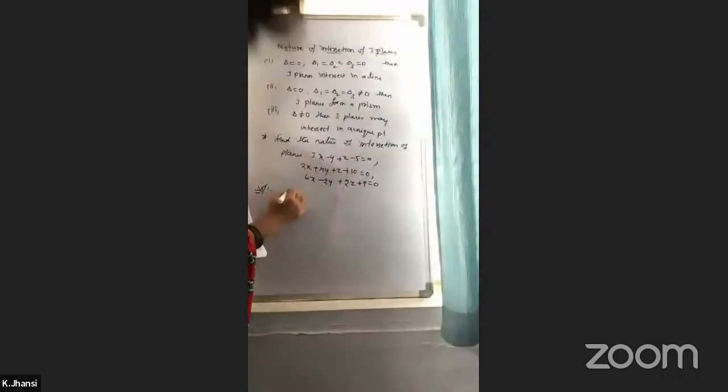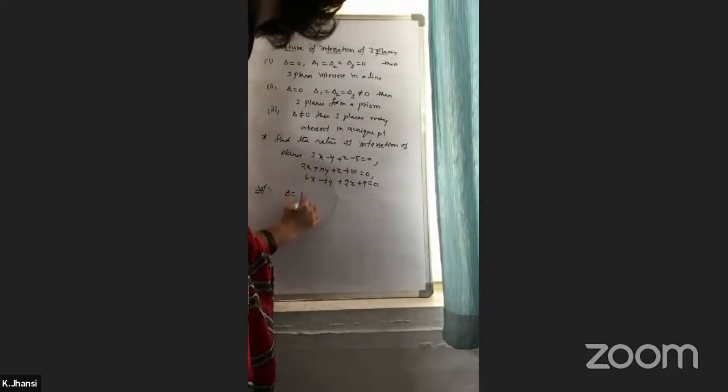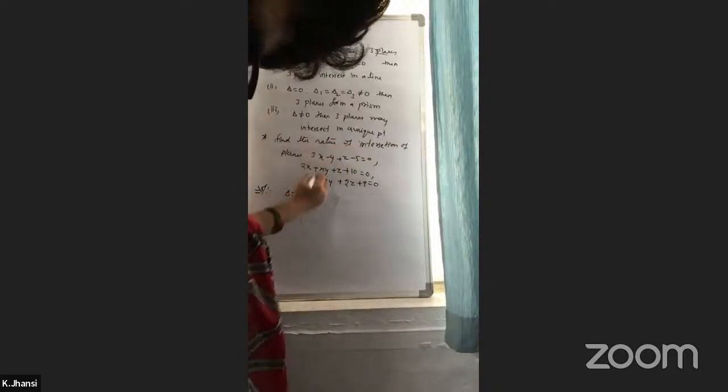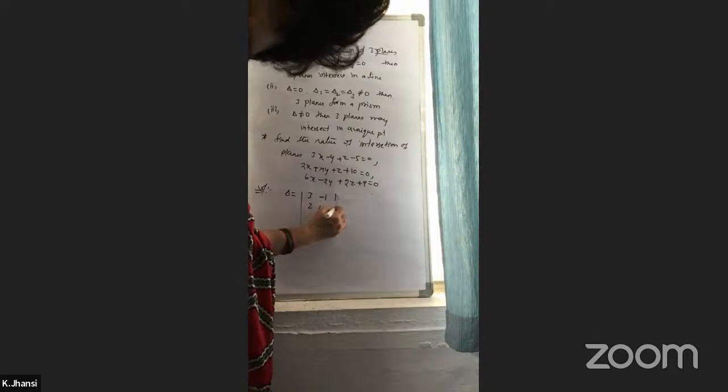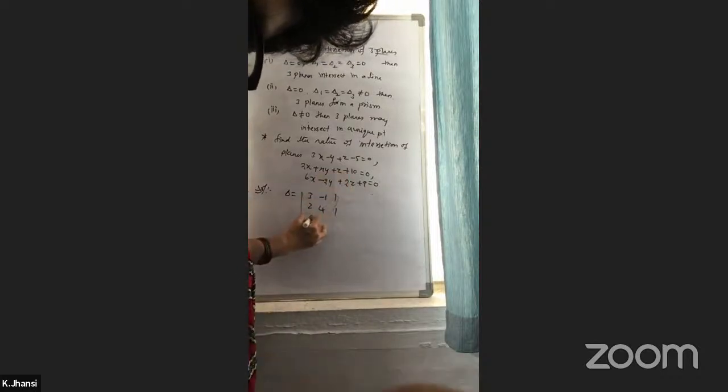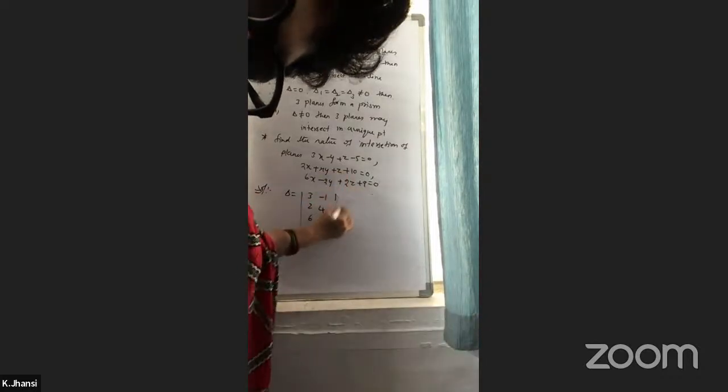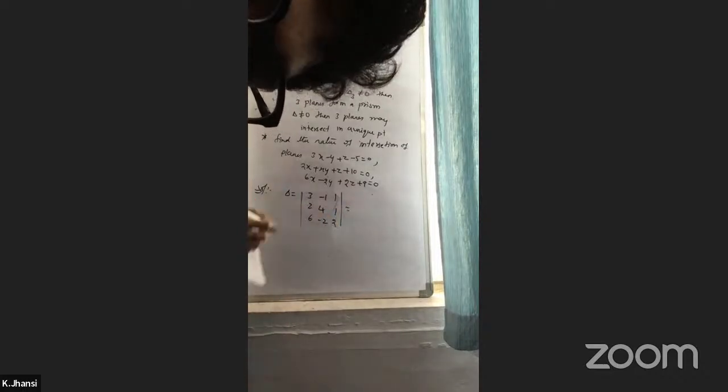So here lambda is equal to the determinant of the xyz coefficients, that is 3, minus 1, 1; 2, 4, 1; next 6, minus 2, 2. We have to find the determinant of this.